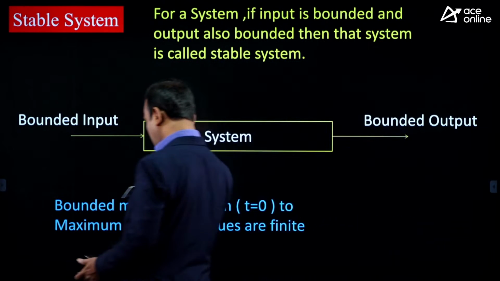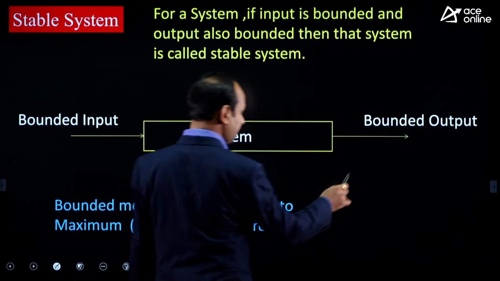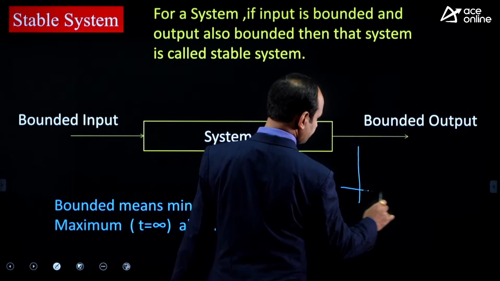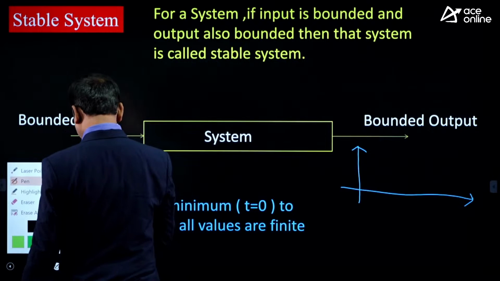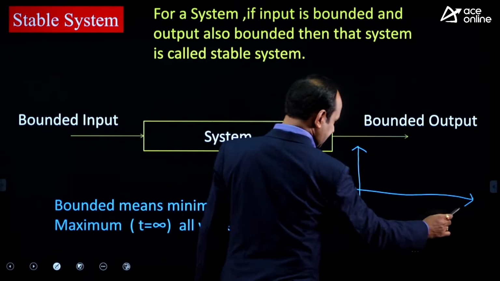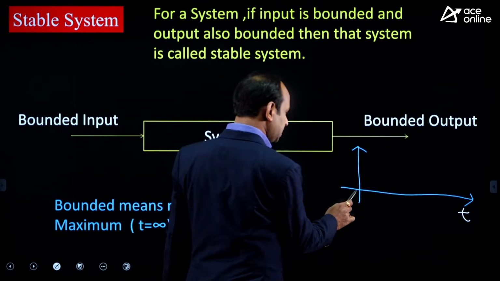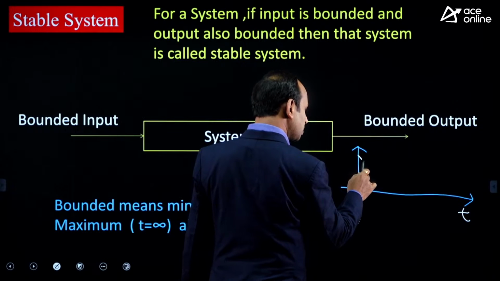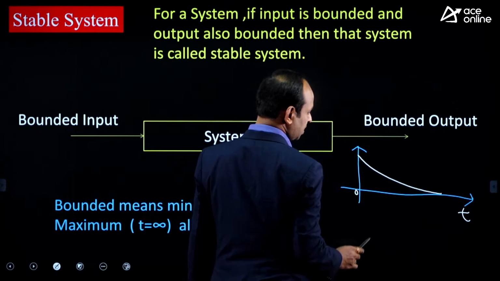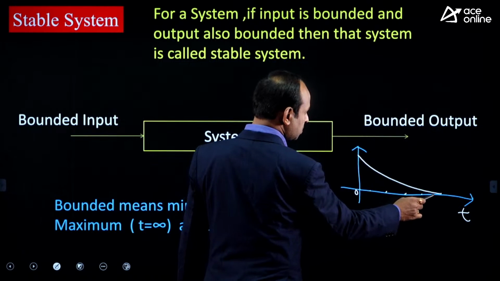As an example, suppose the x-axis is time, the independent variable. As time goes from 0 to the maximum value, the output approaches a finite value like this. At any time the output is finite, so that is a bounded output.